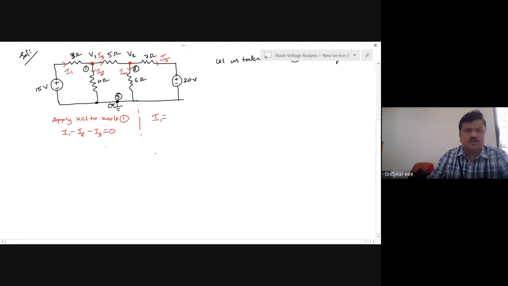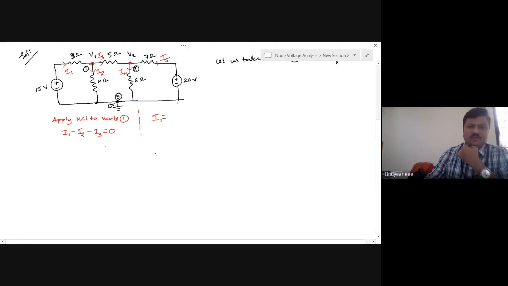So it is assumed in branch 1 that 15 volt is the higher potential point when compared to V1, and V1 is at the lower potential point.